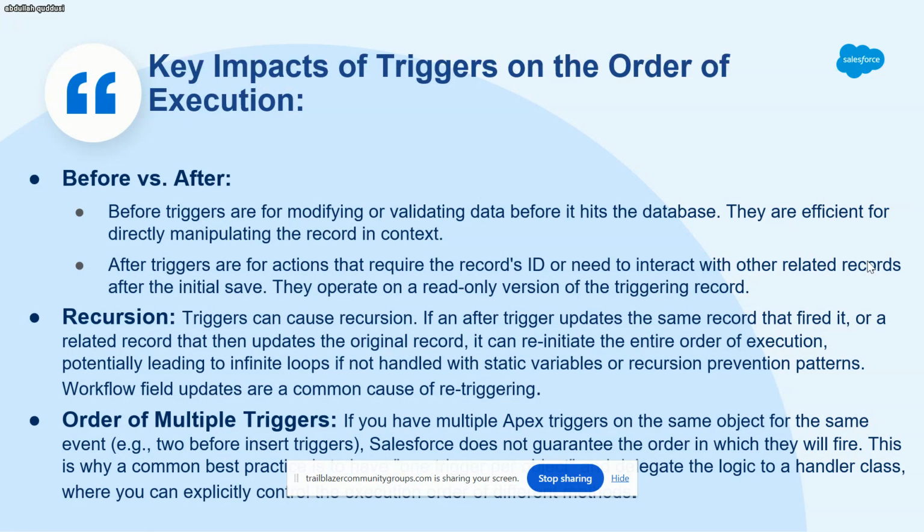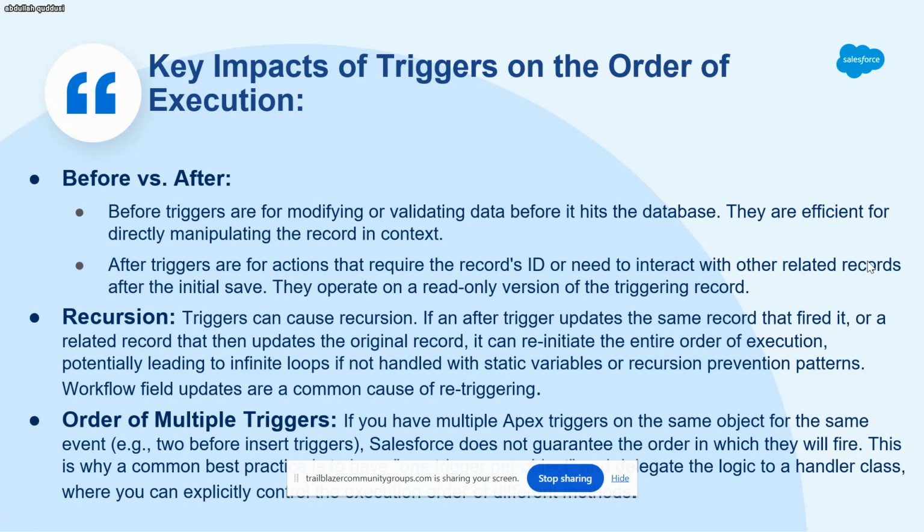So this is how recursion can occur if an after trigger updates. Let's say we are in the after trigger of a contact record and we are updating the same record. We have to keep a close eye on this thing. Another scenario is a related record.